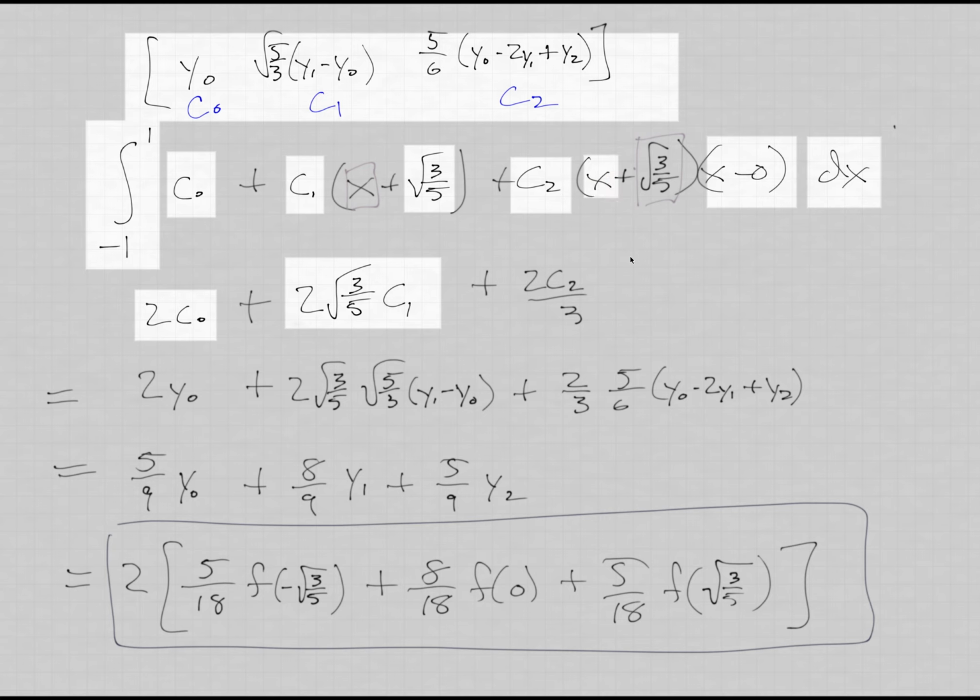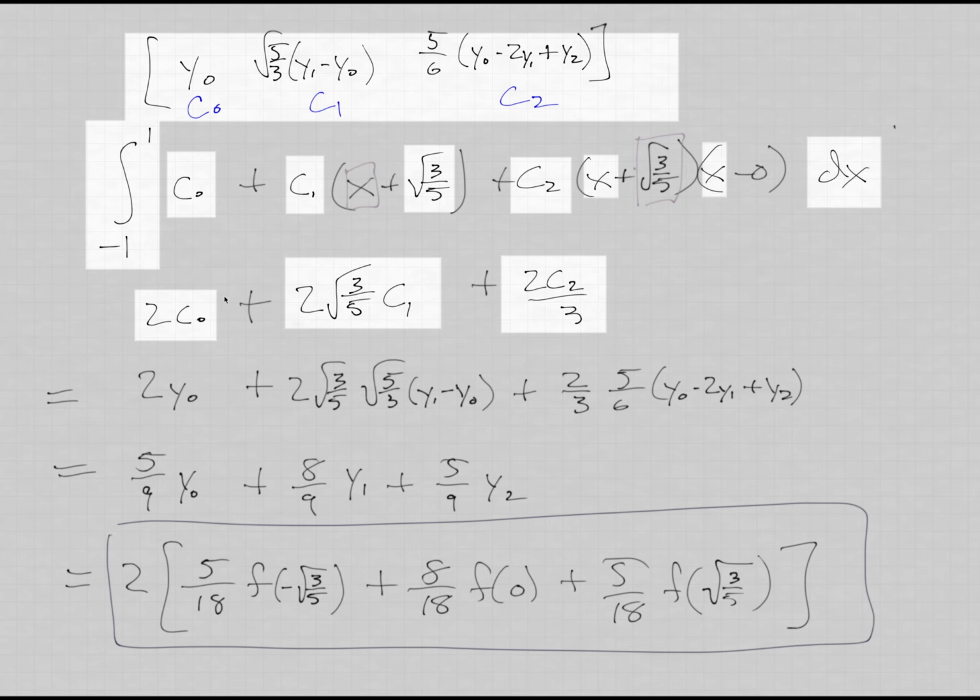That's not going to contribute anything to the integral. And we can simply say this last term is going to be C2 times x squared. So the antiderivative is x cubed over 3, and you double it because we're evaluating at 1 and -1, so the last term has the integral 2C2 over 3. Okay, so that wasn't too bad.